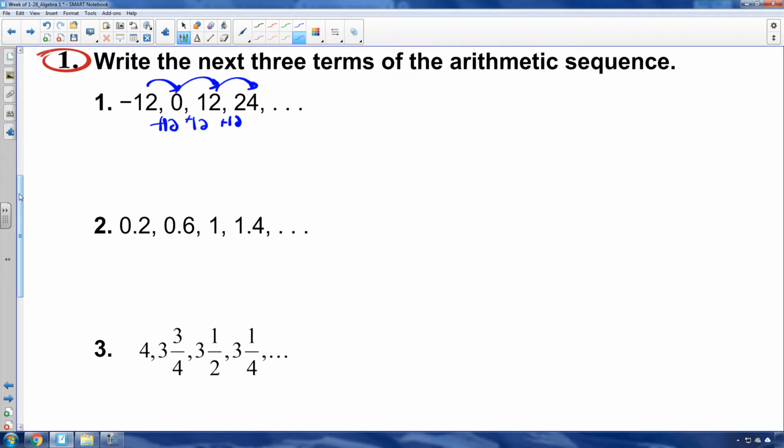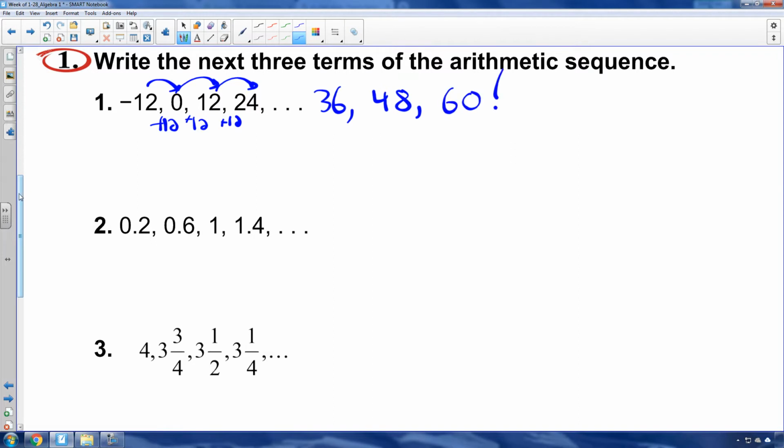So think about what the next 3 terms are. Write them down if you know them, and then I will write them down. And we know that the next 3 terms are 36, right? 48, you also had that one, good job. And 60, okay? So those are the next 3 terms of the arithmetic sequence.